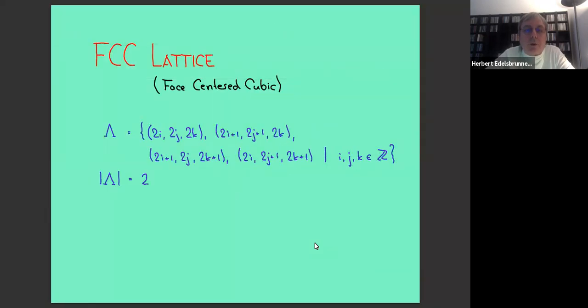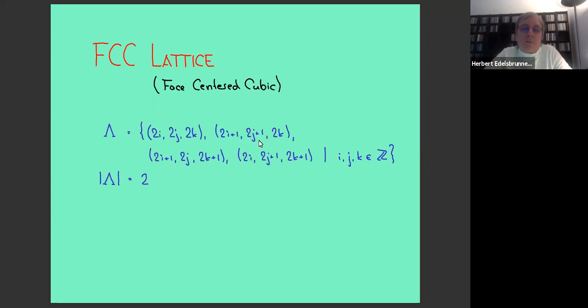And I would like to compare this with the FCC lattice. This is well known as the densest sphere packing, face-centered cubic lattice. So here, what we do is we take the integer grid. Again, I take the even integers. And for every cube, I add the face centers.